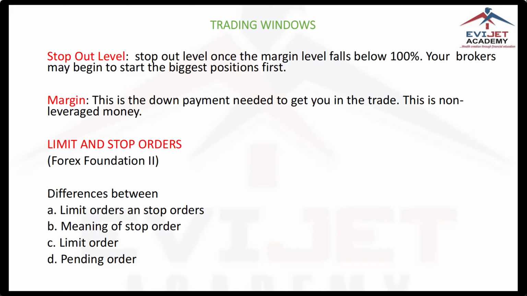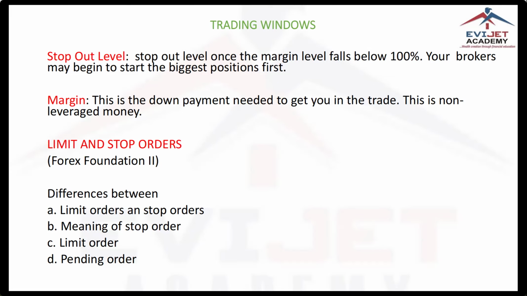We call it instant order, instant execution. So you click buy or sell. That is instant execution. Sometimes it is also called buy by market. So you are buying at the current market price.